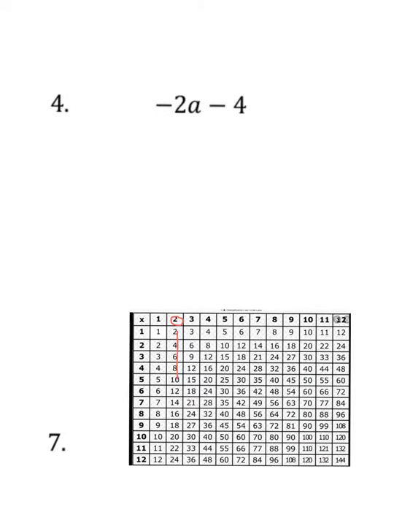Okay, so now I have negative 2a minus 4, and I notice that 2 is the smaller of the 2, and that will work. And so I could factor out a 2, but I have to be careful because the first term here is negative, so I have to take out a negative 2. So I'm going to divide out a negative 2.